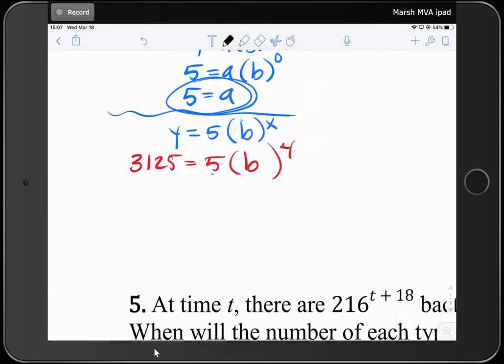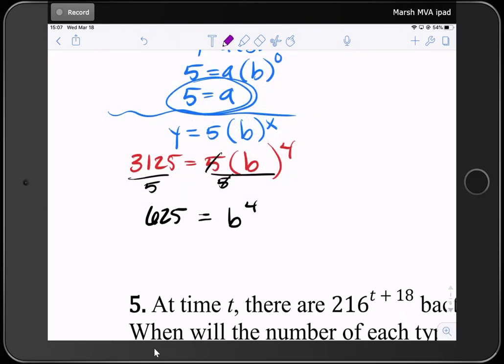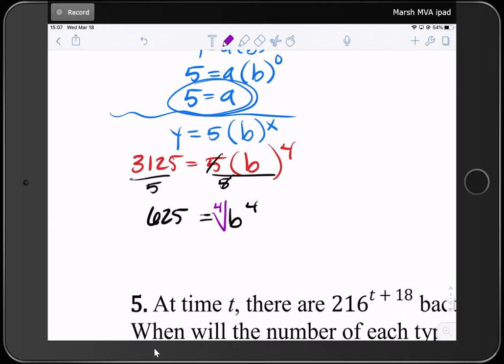So I'm going to divide the right-hand side by 5, divide the left-hand side by 5. Those cancel. And let's see here, I've got my calculator in hand. 3,125 divided by 5 is equal to 625. And that has to be equal to b to the 4th. Good. So now, how do I undo raising something to the 4th? I would do the 4th root of this.